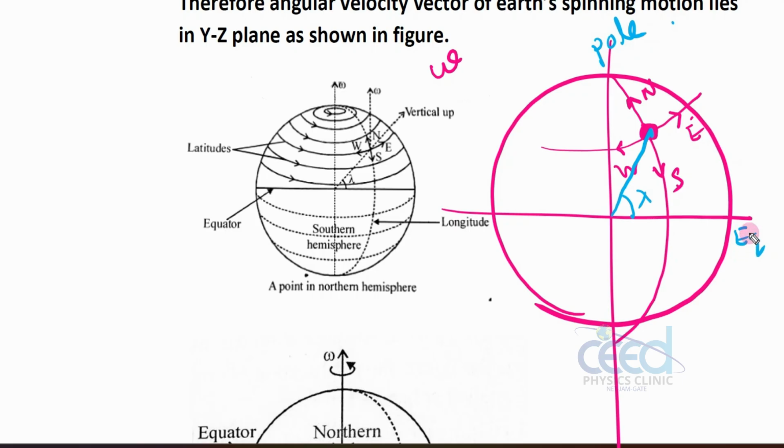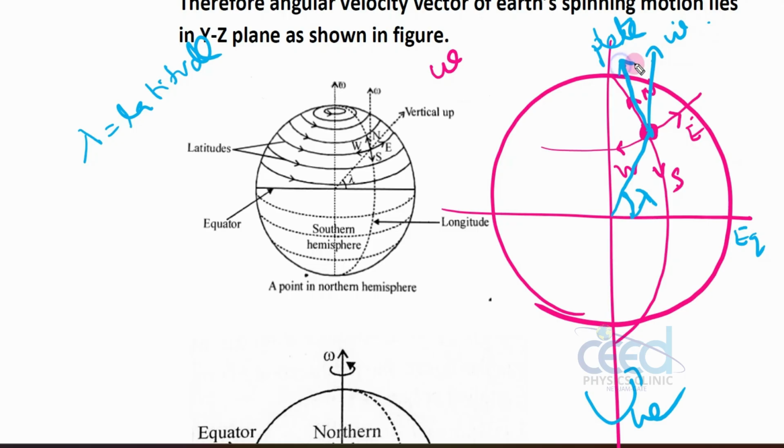From the equator, by what angle is this body's position subtended? That is the latitude, lambda. If this is lambda, then what is the omega direction? Earth is rotating about this axis, so omega is in this direction. Now this is also lambda.